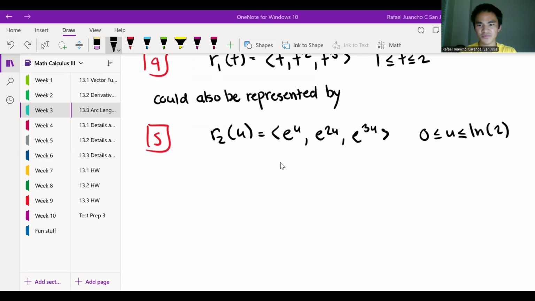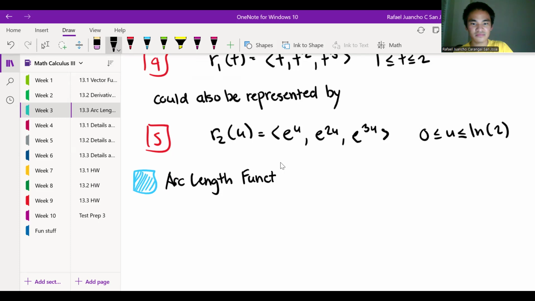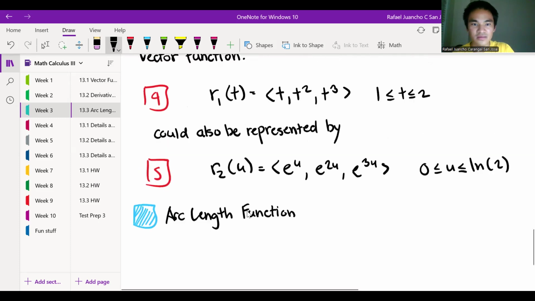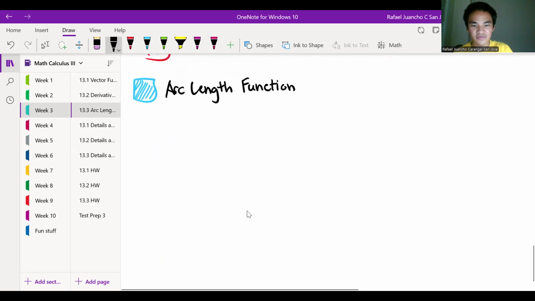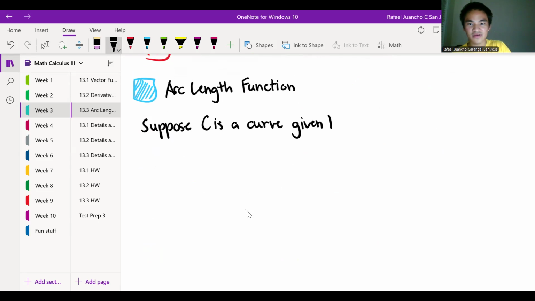So now we're moving on to the arc length function. Wait, I wonder what was the first one. Okay, the arc length function. Suppose C is a curve given by a vector equation.